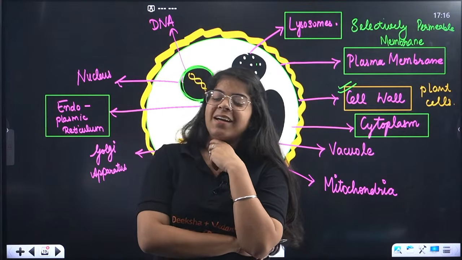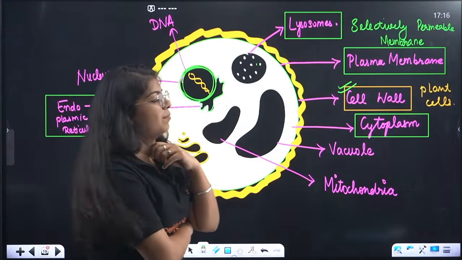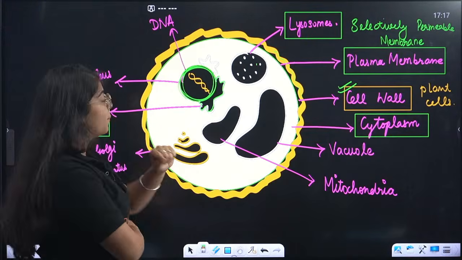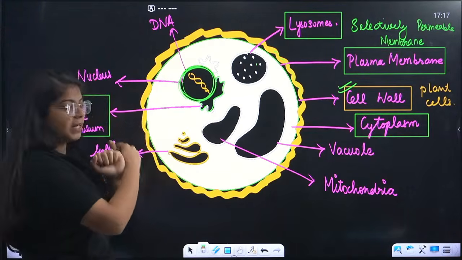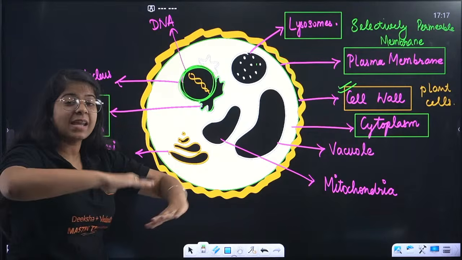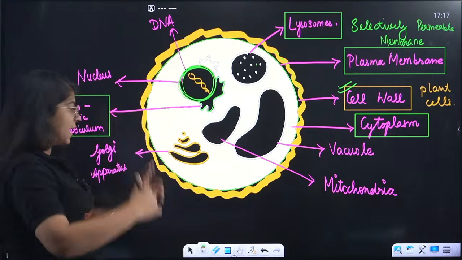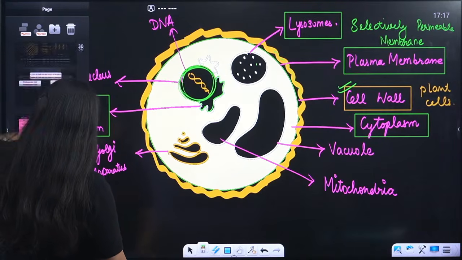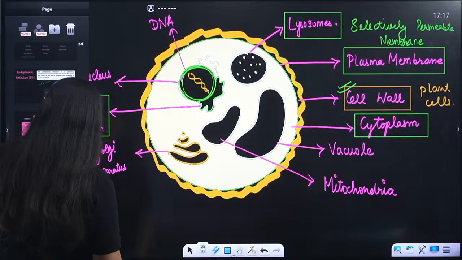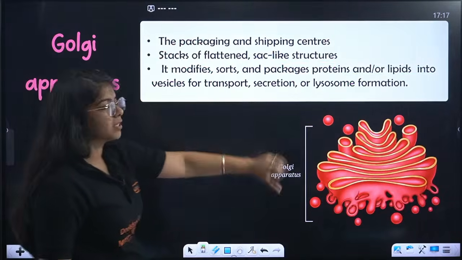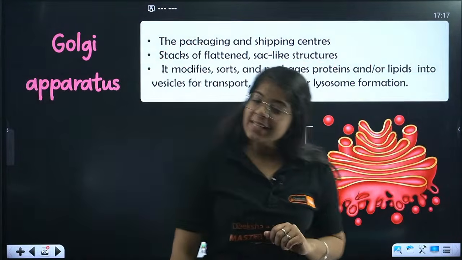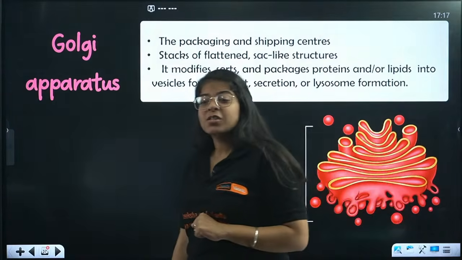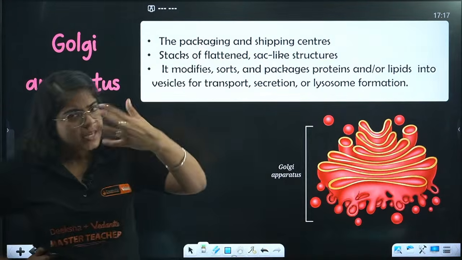Okay, let me just quickly explain. This is the Golgi apparatus. It is a sac-like, stack-like structure like this. Let me show you. This is the actual shape of the Golgi apparatus. Yes, Golgi, right, Joseph? Not mitochondria. Mitochondria is something else.